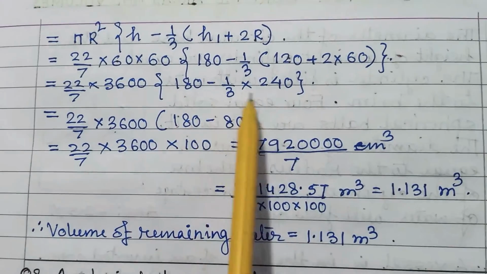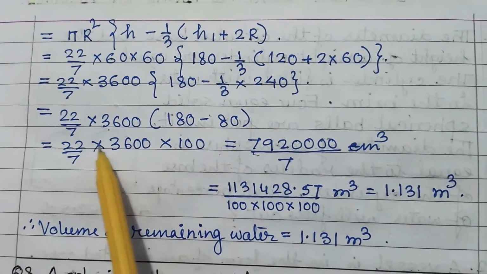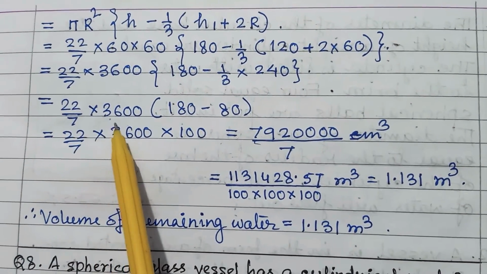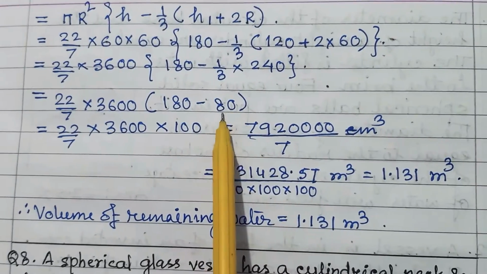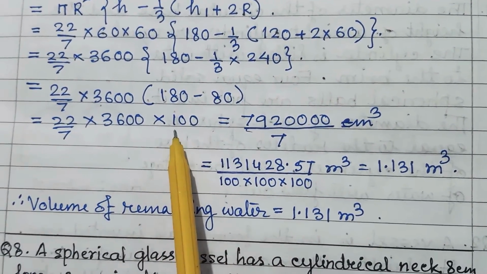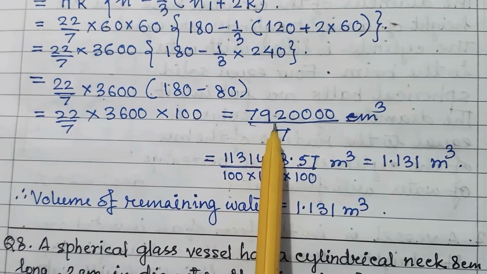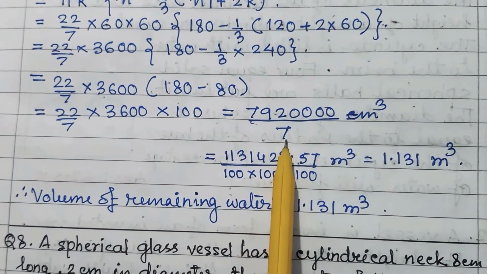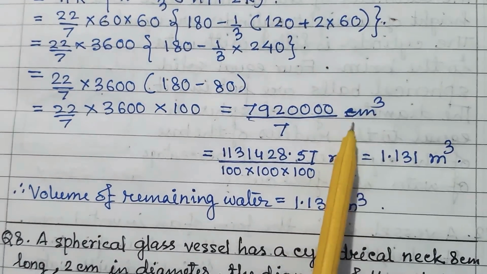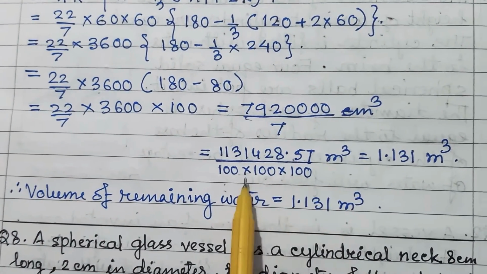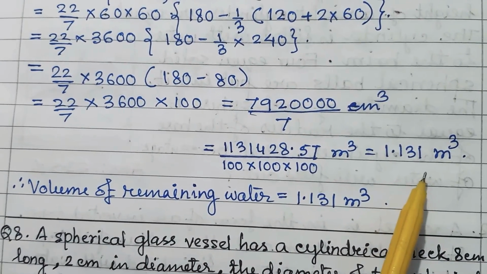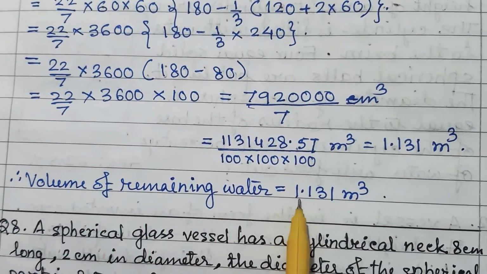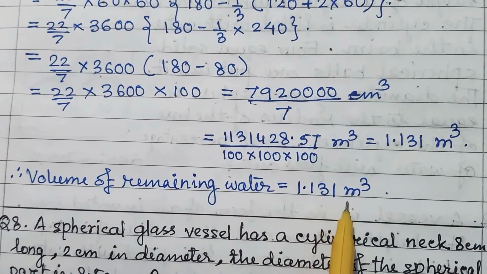It is coming as 22/7 into 3600 into 180 minus 80, so it is 100. So 792000/7 centimeter cube. Now change into meter cube. It should be 1.131 meter cube. So the volume of remaining water is 1.131 meter cube.